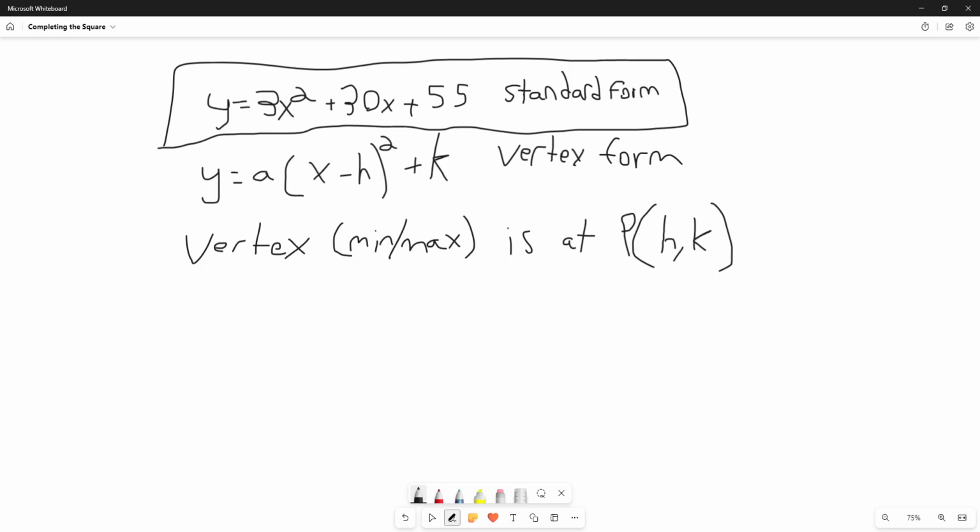But this type of equation here, the second one, we can actually find out based on how it appears, just its basic formula, where the vertex, the minimum or the maximum of the parabola is. It's at the point P for point, H, K, where H is the x and K is the y.